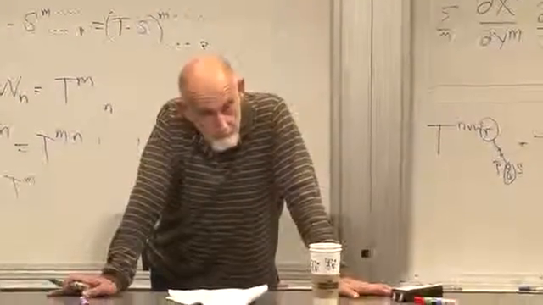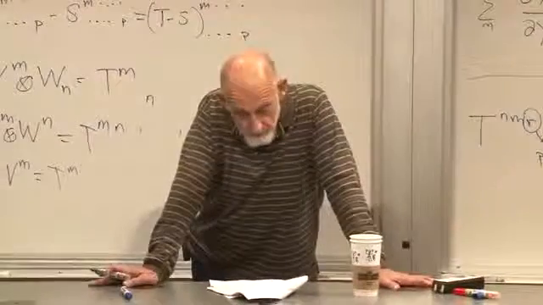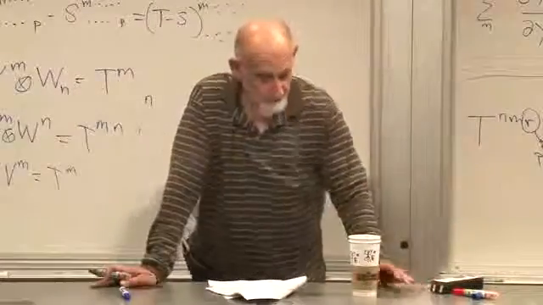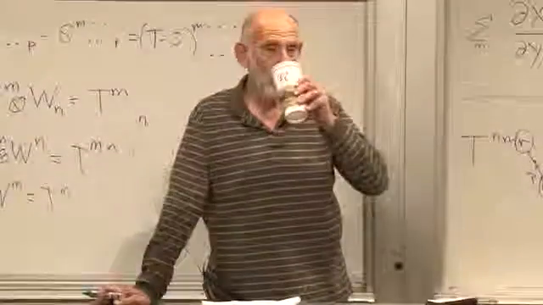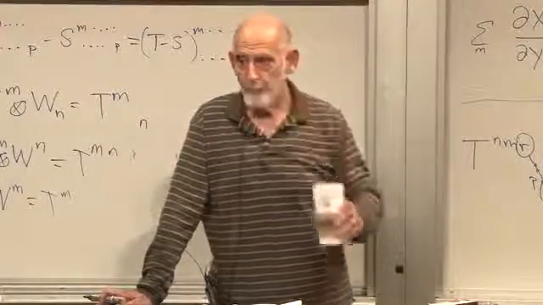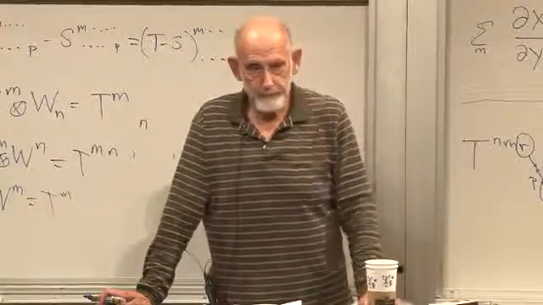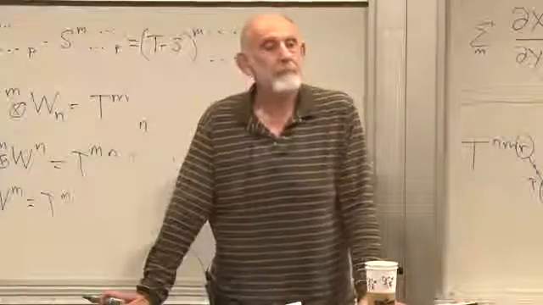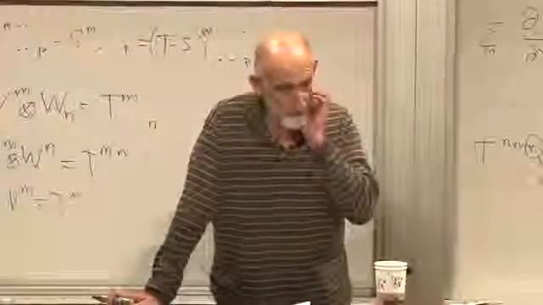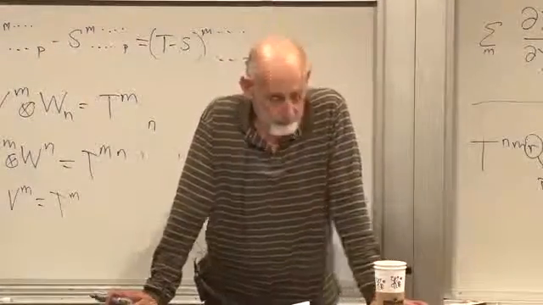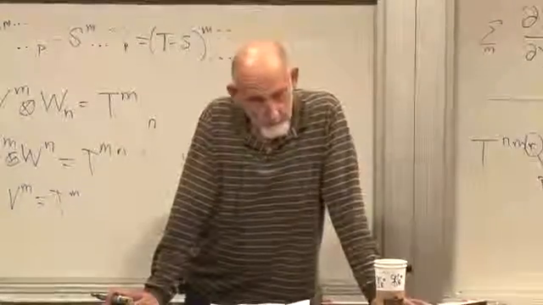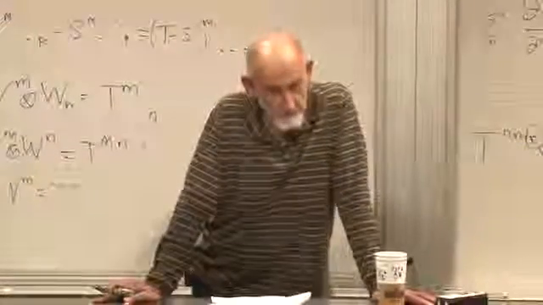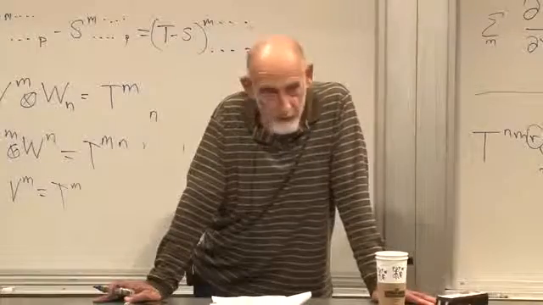Can I ask a question about something that came a while ago? What you said about making the components all zero and pushing everything to one side of the equation, when you can do that, therefore you can write the same equation in any frame. Zero is the same as zero in any frame, yeah.